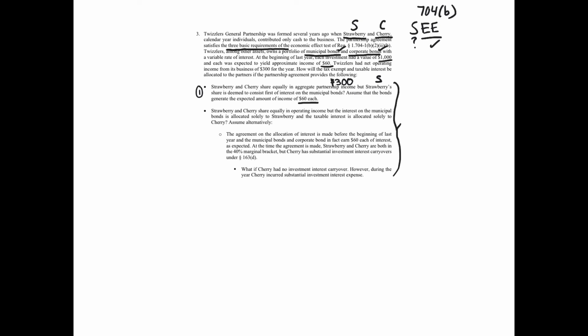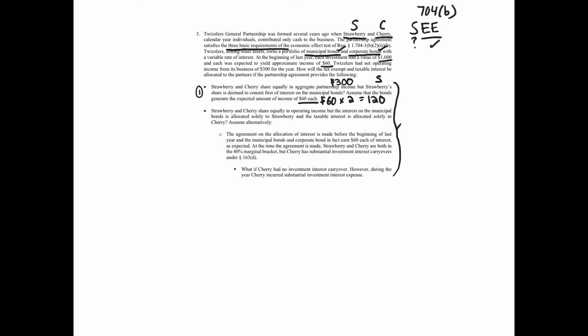And then whatever's beyond that, with respect to Strawberry's 50% ownership, comes from the corporate bonds. So the partnership will have income of $300 business income, that's the net income, plus $120 of investment income. That's the total, 60 times 2, because each bond, as we're told in the problem, is expected to yield $60 of interest, $120 total.